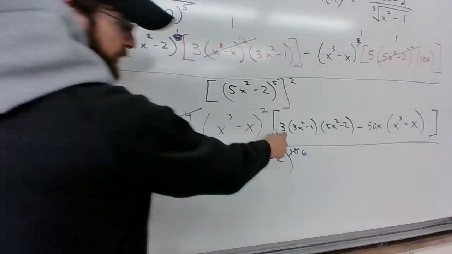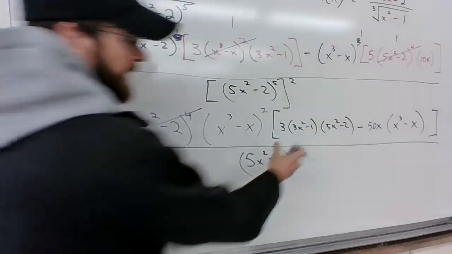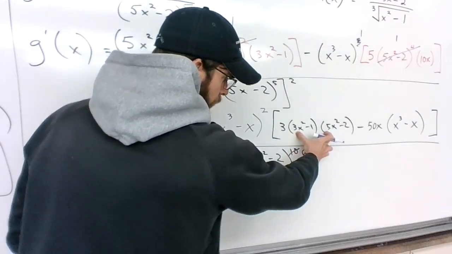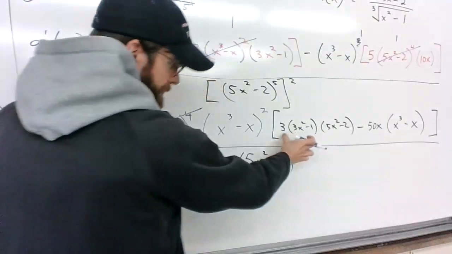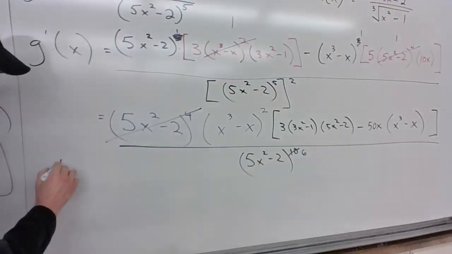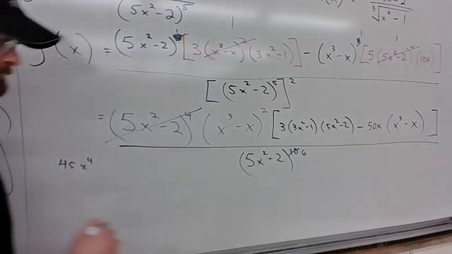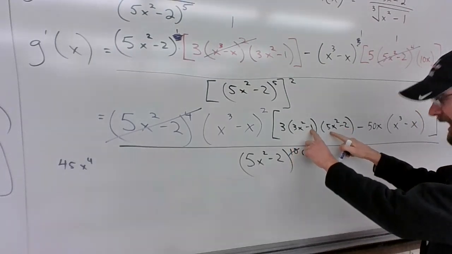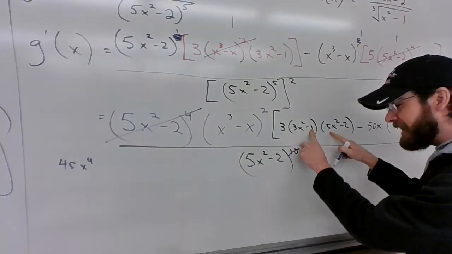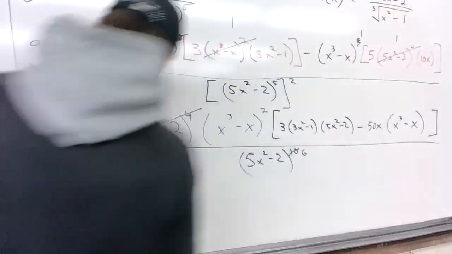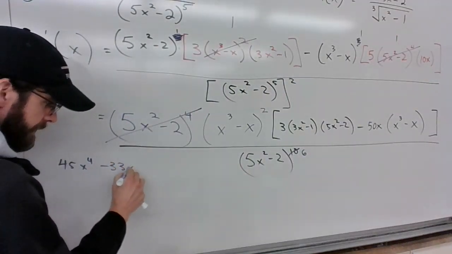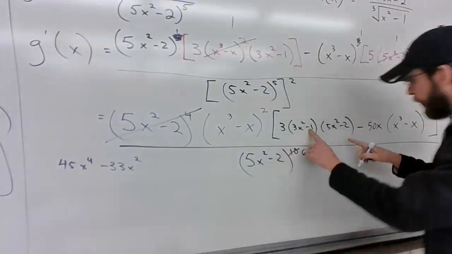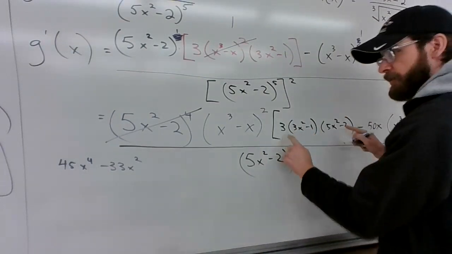If I were to multiply this all out, I get 15x to the 4 times 3, so that's going to be 45x to the 4. I'd have negative 6x squared minus 5x squared, which is negative 11x squared times 3. And then I've got negative 1 times negative 2, which is 2 times 3 is 6.